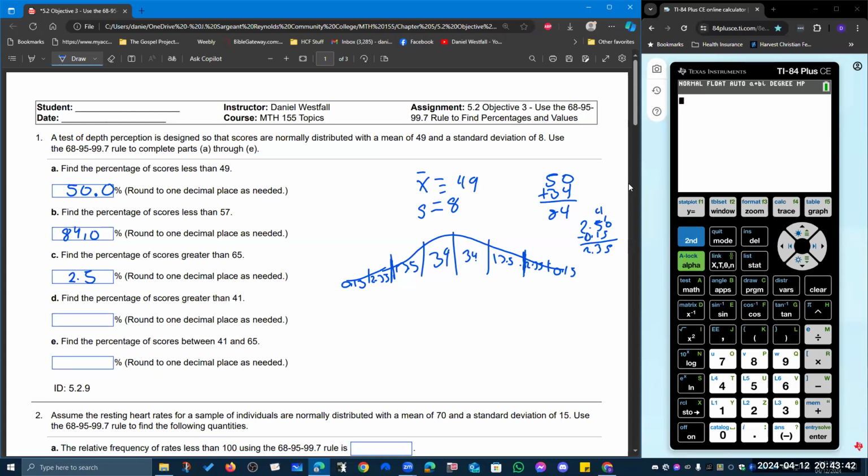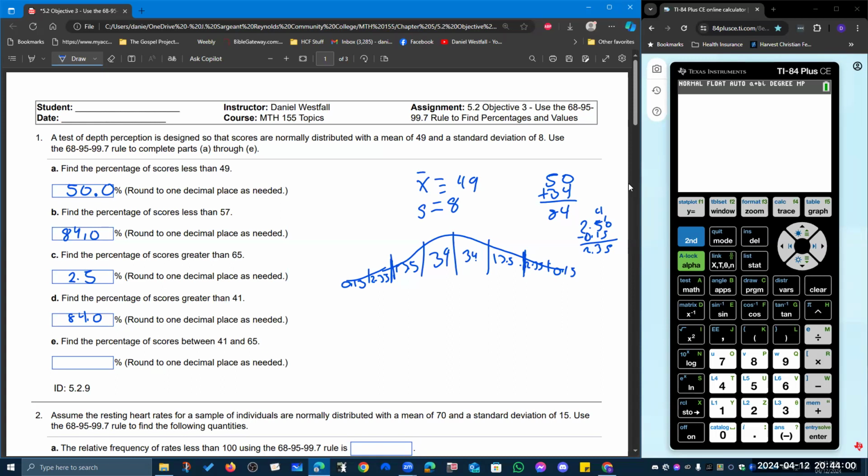And find the percentage of scores greater than 41. So 41 should be greater than 1 standard deviation to the left, should be 50 plus 34, should be 84.0.